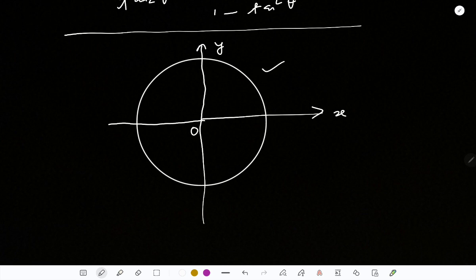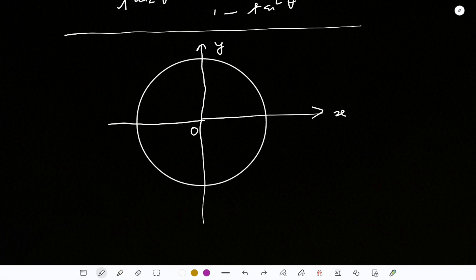This is the first quadrant, this is the second quadrant, this is the third quadrant, and this is the fourth quadrant.